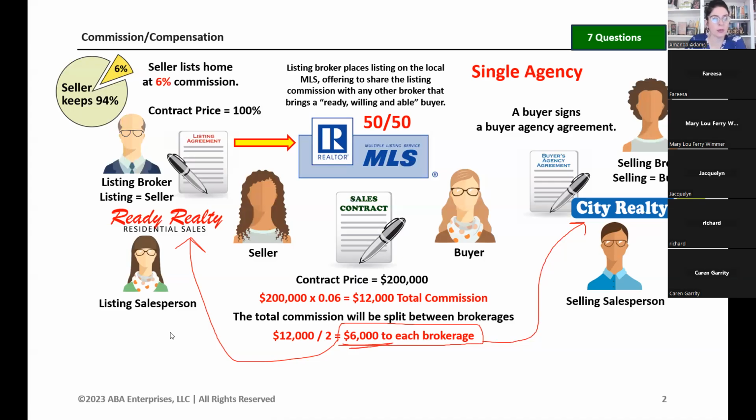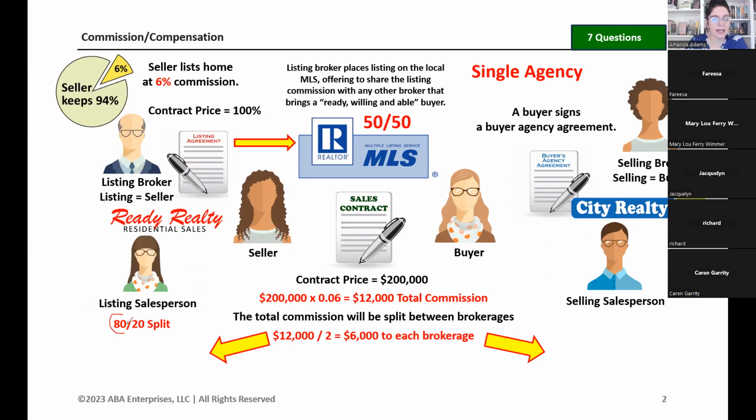So let's see how much you're going to get. So this listing salesperson, when she went to work at Ready Realty, she and the broker had a conversation about the split. How much money does she get to keep and how much money is going to go to the brokerage? So let's say that they agreed on an 80-20 split. She's going to get 80%.